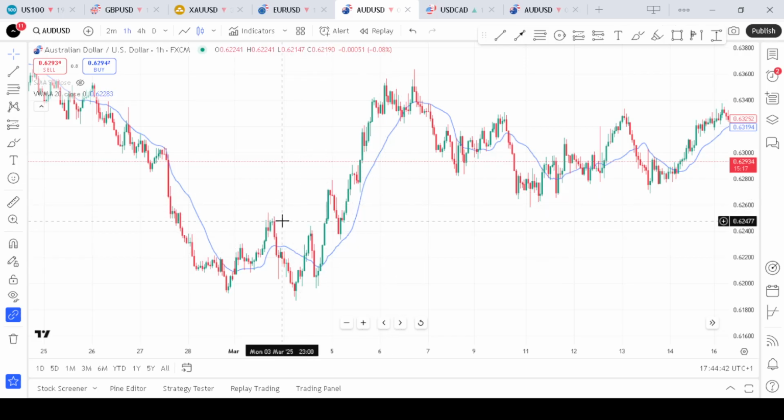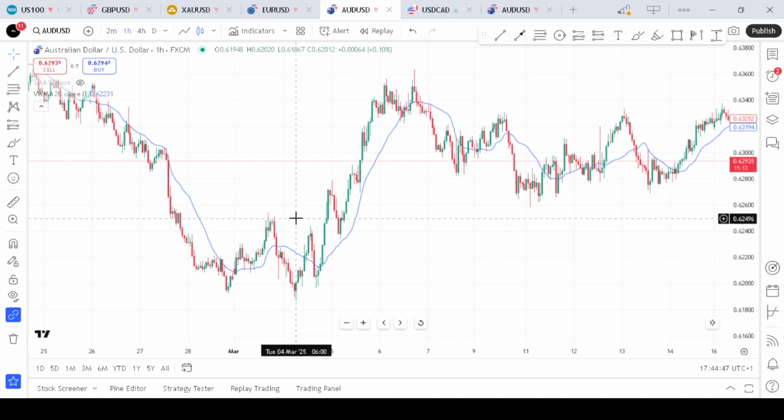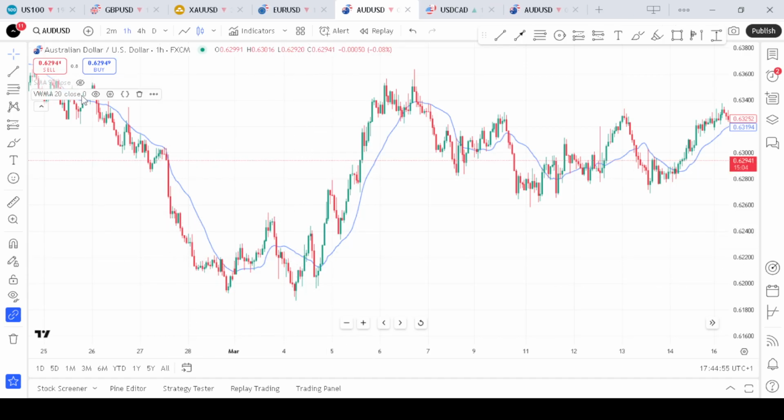We start by understanding what the volume weighted moving average is. The VWMA is a type of moving average that incorporates both price and trading volume into its calculation. Unlike the simple moving average, which gives equal weight to all price points, the volume weighted moving average assigns greater importance to periods with high trading activity.